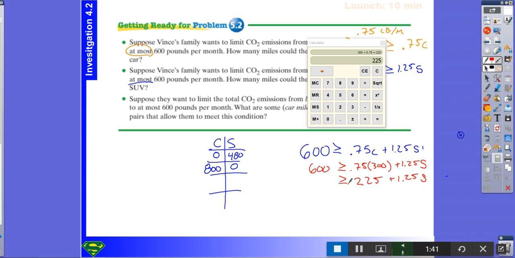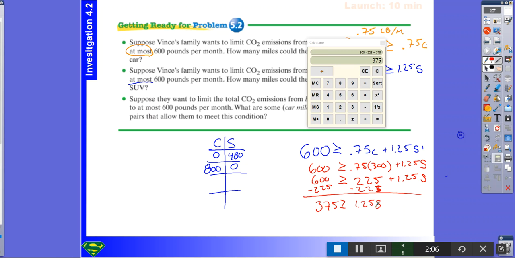Still has to be less than or equal to 600. All right, so I'm going to subtract 225 from both sides. So I get 375 is greater than or equal to 1.25s.